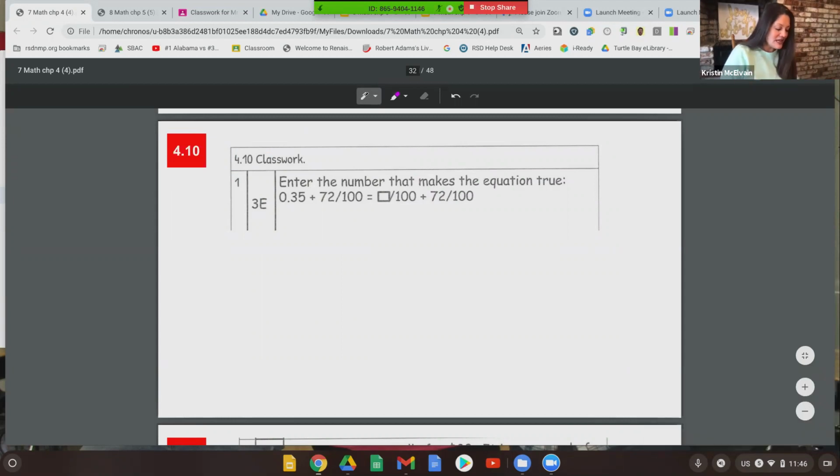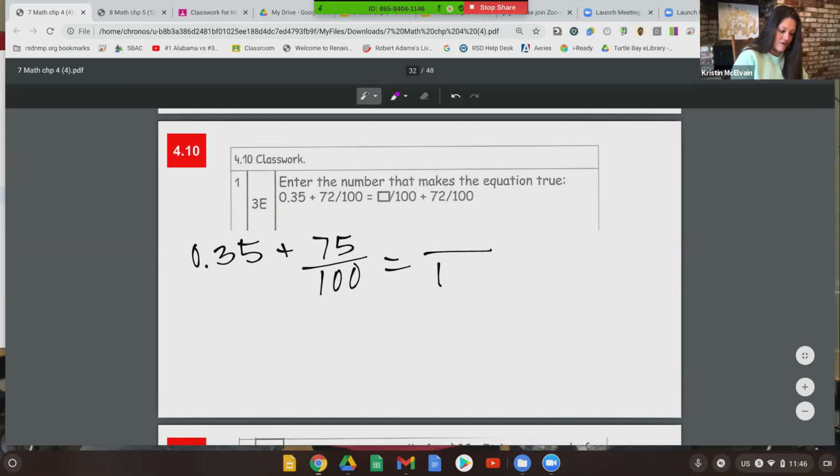Classwork 4.10. Number 1 says, enter the number that makes the equation true. Look, it's so easy. We have 0.35 plus 72 over 100 equals blank out of 100 plus 72 out of 100.